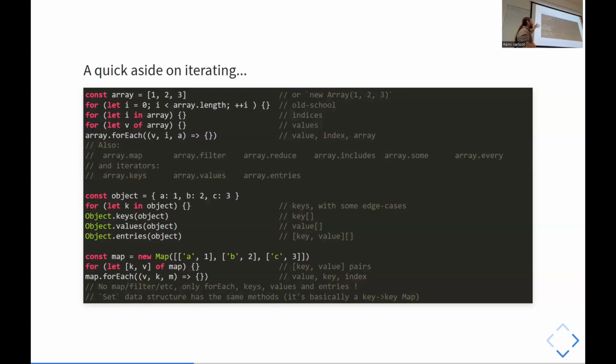Iterating over objects is a bit different, again for legacy reasons. Objects were built completely differently. But you have functions which allow you to retrieve the keys, values, or key-value pairs as arrays, which basically brings you back to the previous case. Or you can iterate over the keys directly.